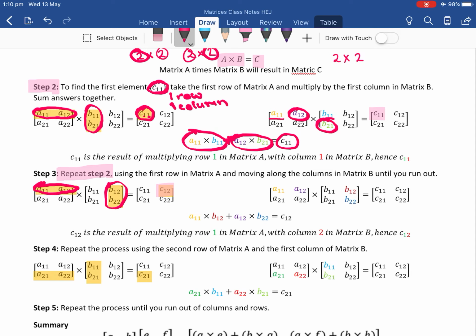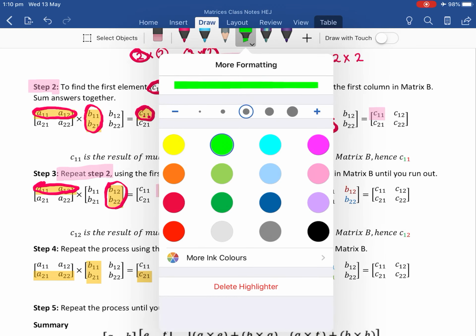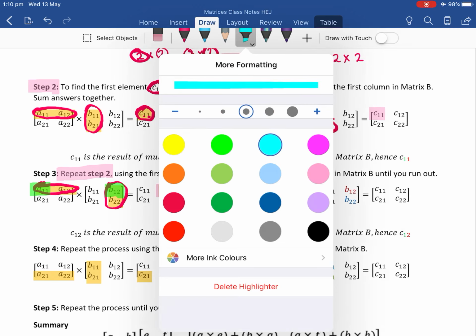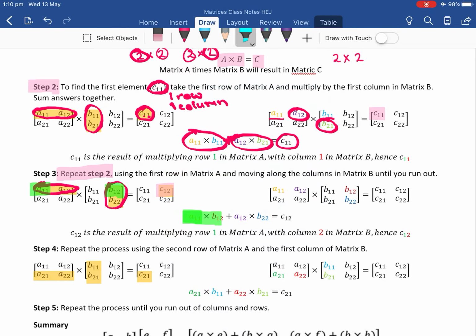We multiply this one times this one, and then add this one times this one. That will give you the element that goes in position C12.